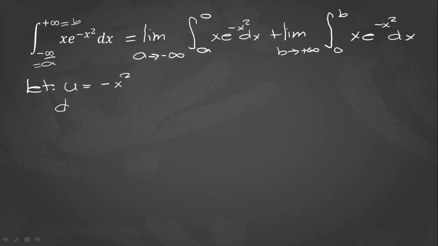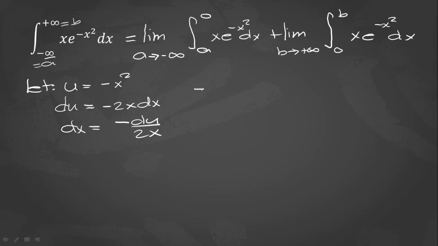And taking its derivative, we have du equal to negative 2x dx. Now our dx is equivalent to negative du over 2x. So we use these terms in our integral.